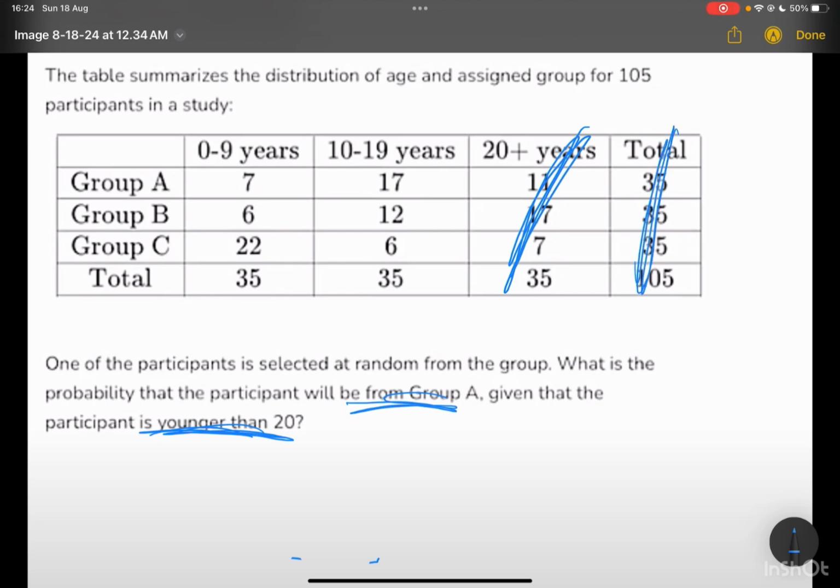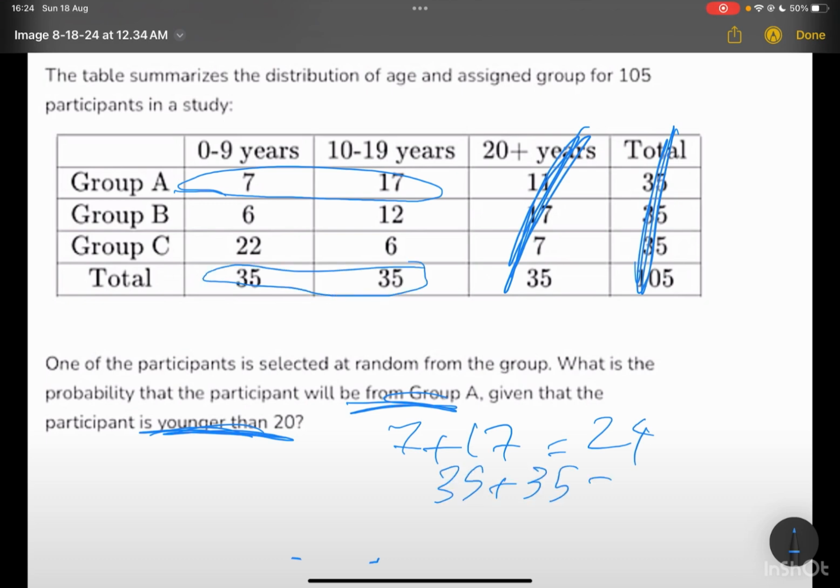So from group A, we're going to take this part over here, which is 7 plus 17, we're going to have 24. And we're going to take younger than 20 years old, so we're going to have 35 and 35. 35 plus 35, we're going to have 70. So the probability for the participant to be from group A is 24 over 70.